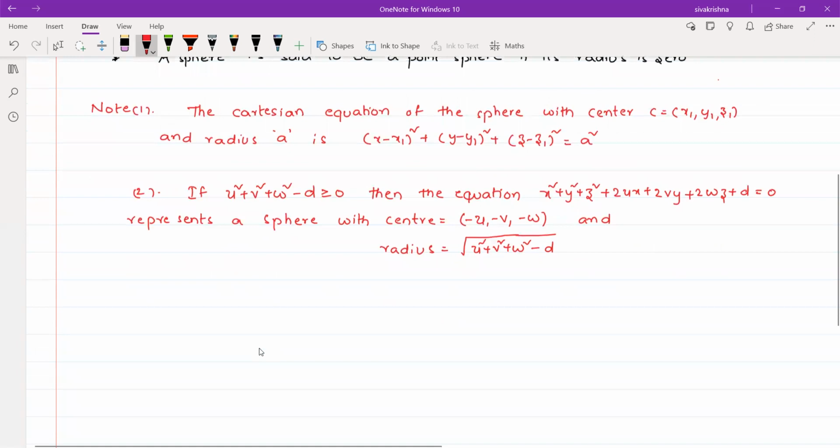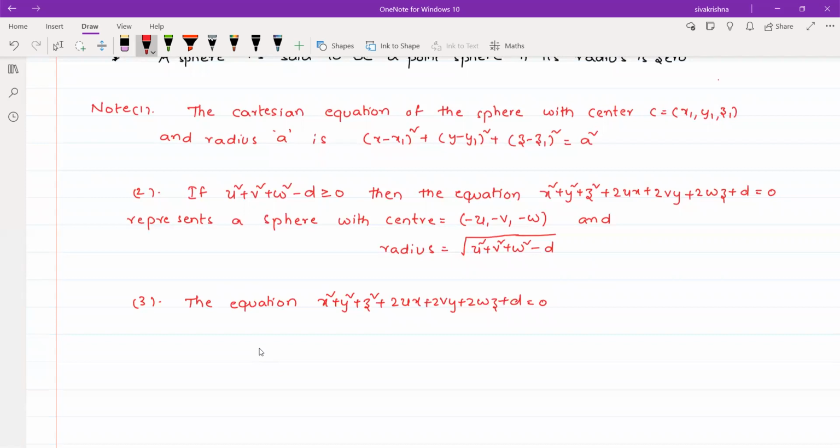So coming to note 3, the equation x square plus y square plus z square plus 2ux plus 2vy plus 2wz plus d is equal to 0 of a sphere is called the general equation of the sphere.